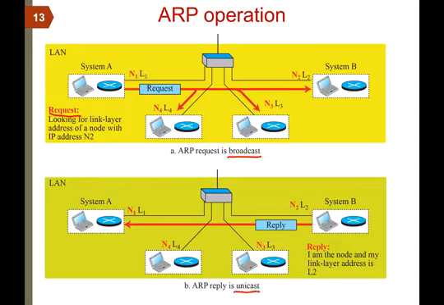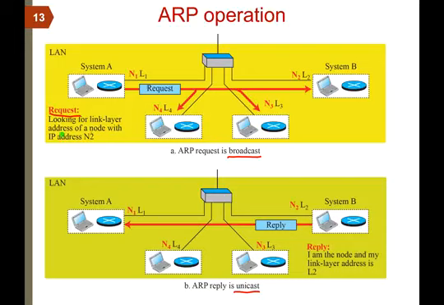So what do we mean by broadcast? What we mean by broadcast is that you send it to all other nodes. By unicast, you mean you just send it to a single node, or in this case, the source node. So what happens when you send a request?